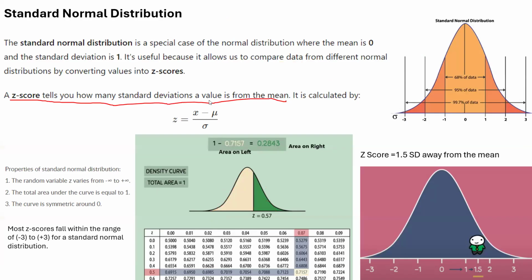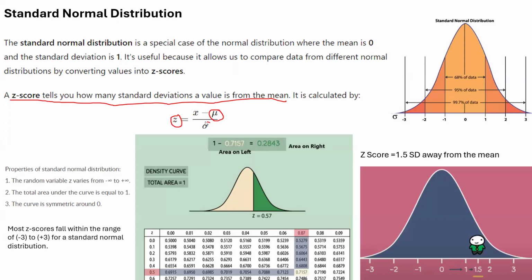If you have a particular value and you want to find its Z score, if you're given a data set, you can calculate the Z score, right? For the standard normal distribution, what is mu? 0.